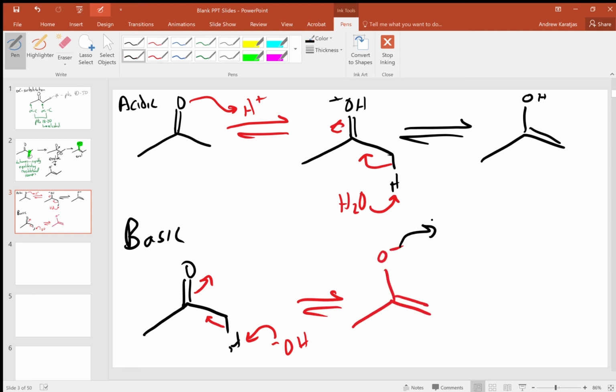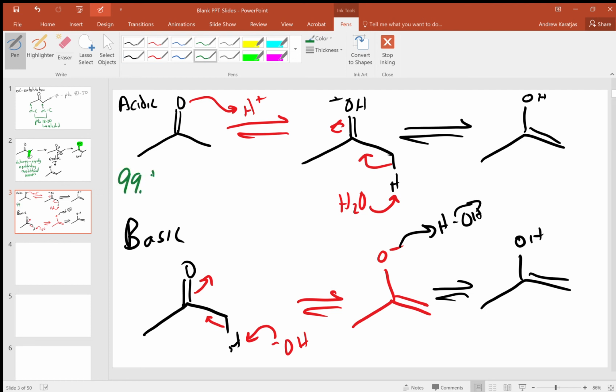Then that enolate can grab a proton from water and also get us to the enol. Now, due to stability, regardless of your reaction conditions, acidic or basic, in almost every case, the carbonyl form is favored over the enol. And in a case like acetone, under acidic or basic conditions, it's a pretty strong preference.